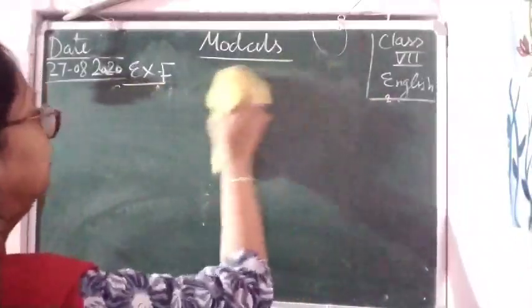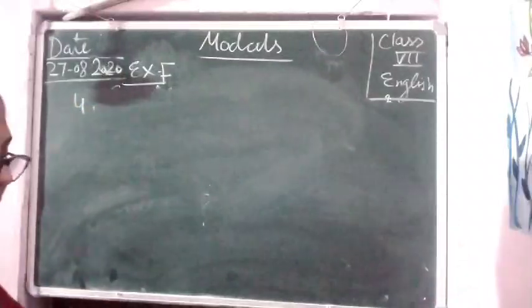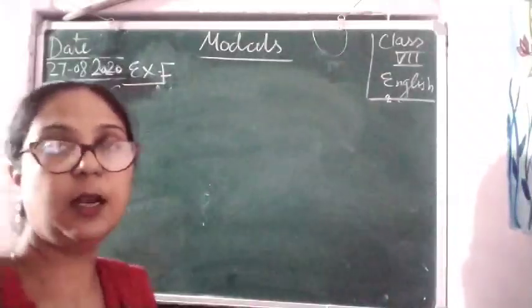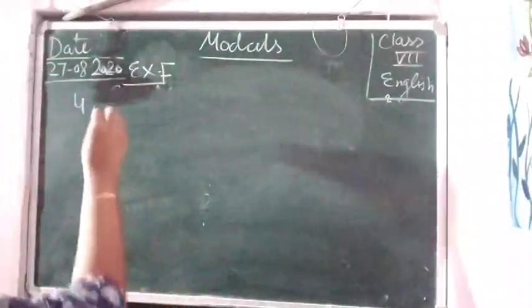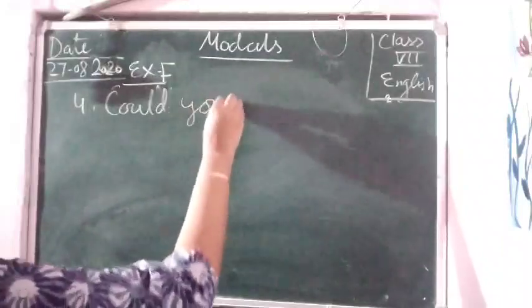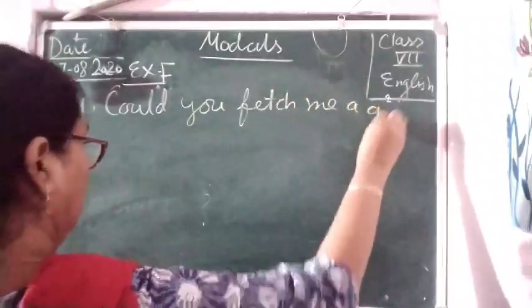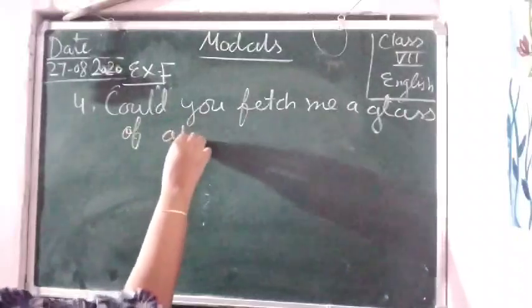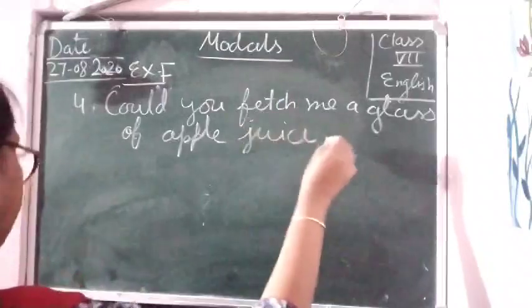Number 4 is fetch me a glass of apple juice. Now we are going to write, could you fetch me a glass of apple juice, please?